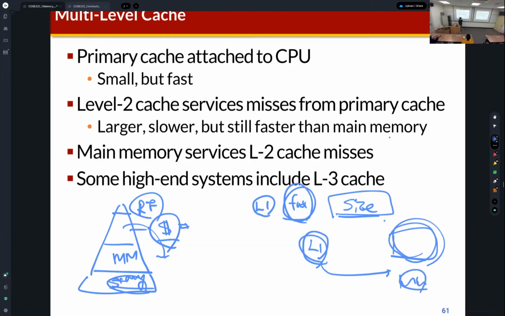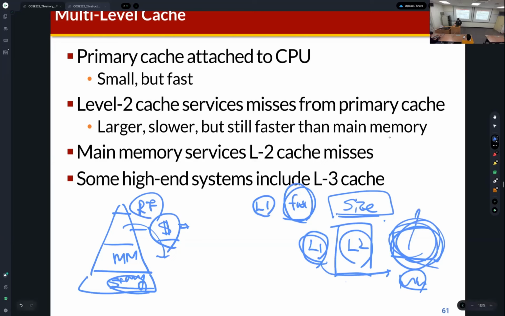So that's why we require the multi-level cache, like the L2 cache. The L2 cache is faster than the main memory, right? Because each cache may be located inside of the CPU chip, and if the memory is included in the CPU chip, then this memory is very fast.